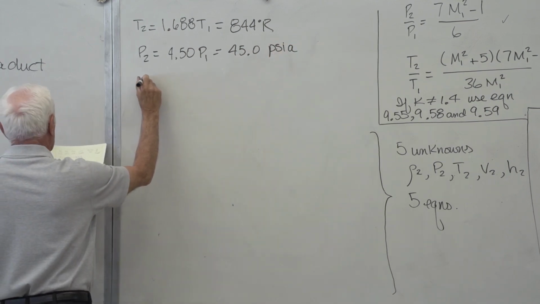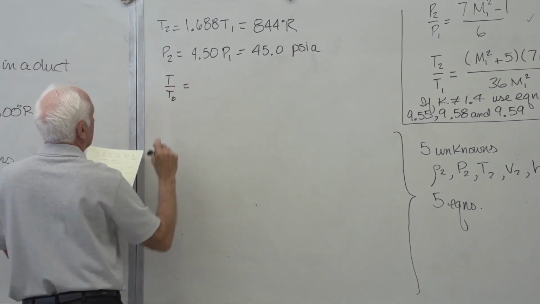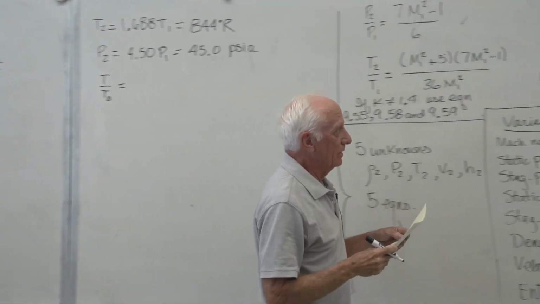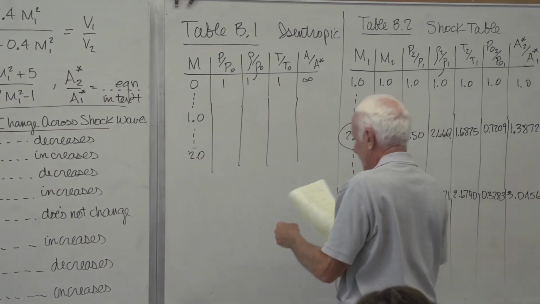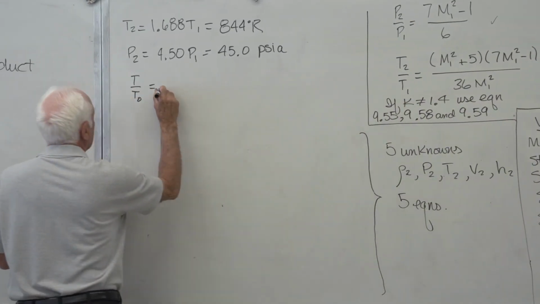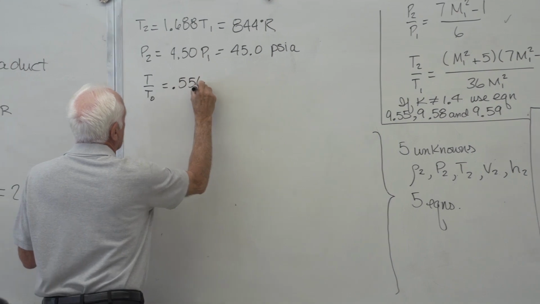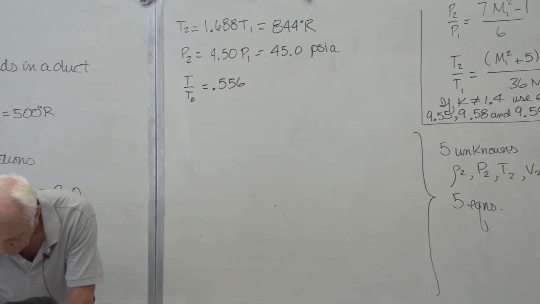Okay, T over T naught. I want T naught. There he is right here. T over T naught, 0.556. Okay, that's right there, 0.556.